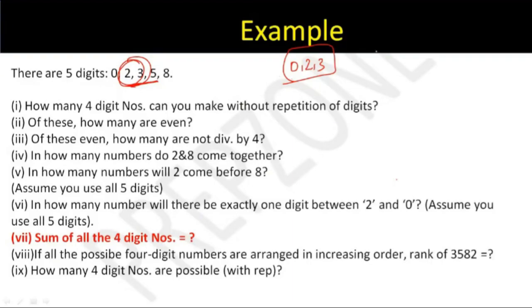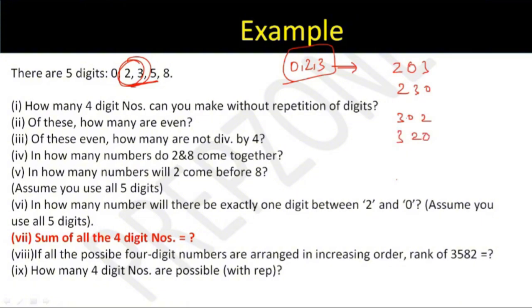Suppose they asked for the sum of all 3-digit numbers. How many are possible? 0 can't come first. It will be 203, 230, 302, or 320 if repetition is not allowed.